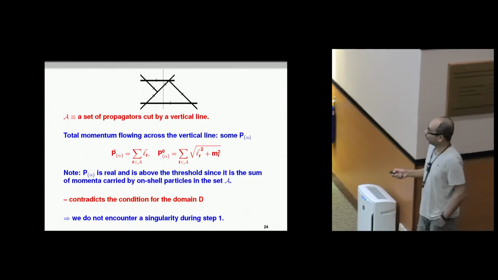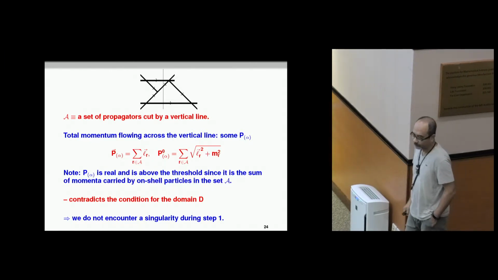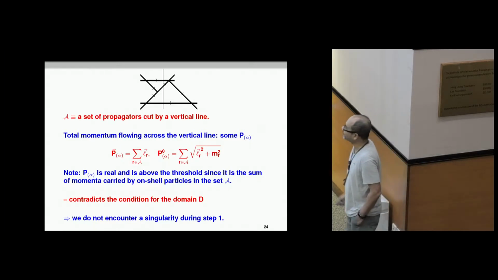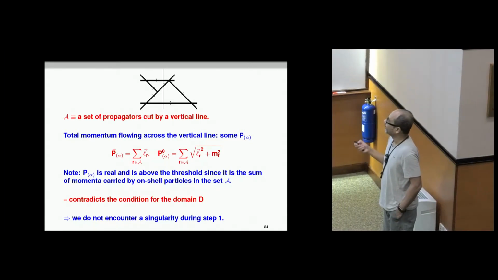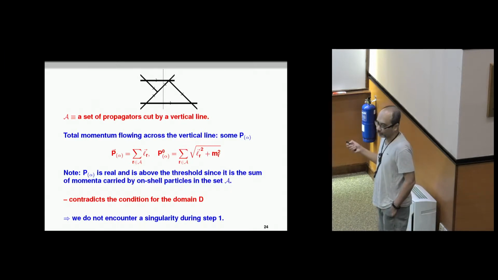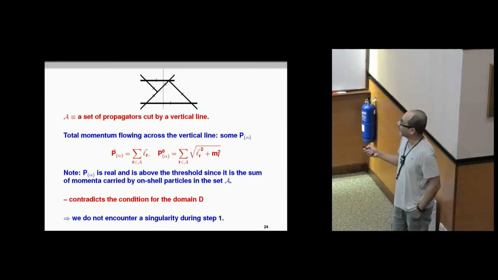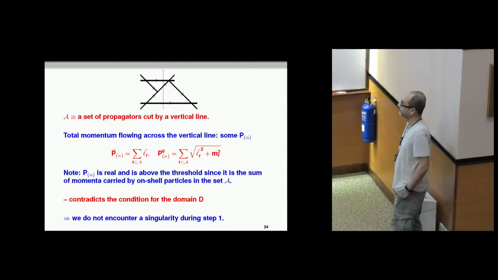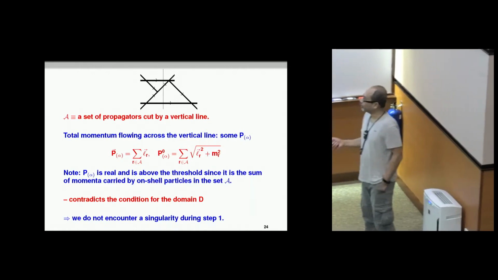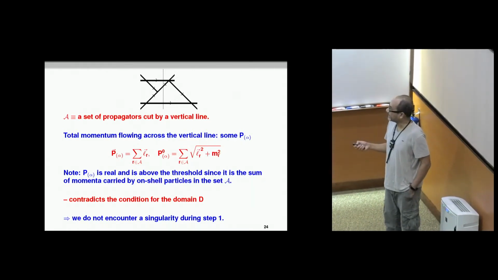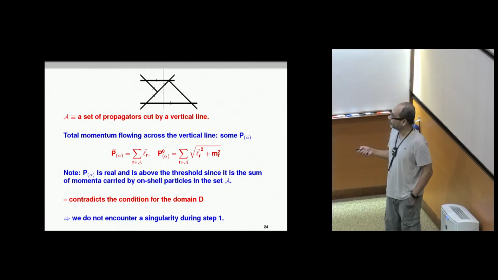So this contradicts the condition for the domain D, that if P alphas are real, then P alpha must be below the threshold. It's real and it's above the threshold because P alpha can manifestly decay into a set of particles carrying these momenta and this energy. So this contradicts the condition for domain D, and this in turn means that we do not encounter a singularity during step 1.